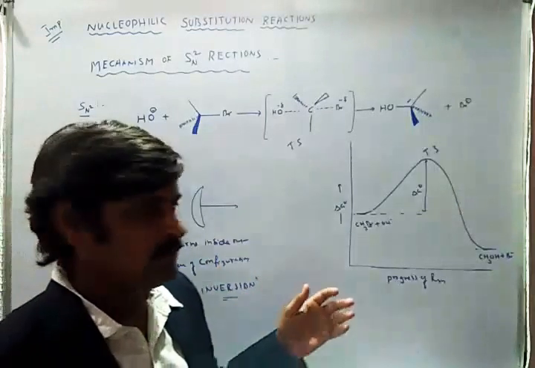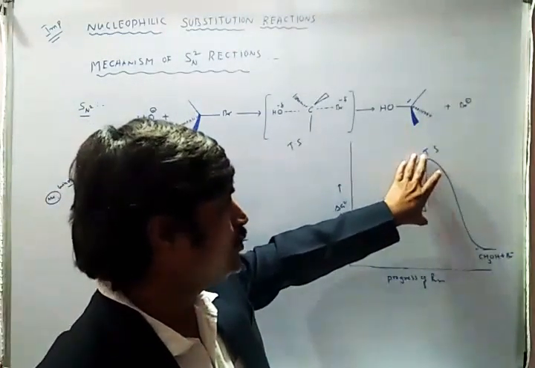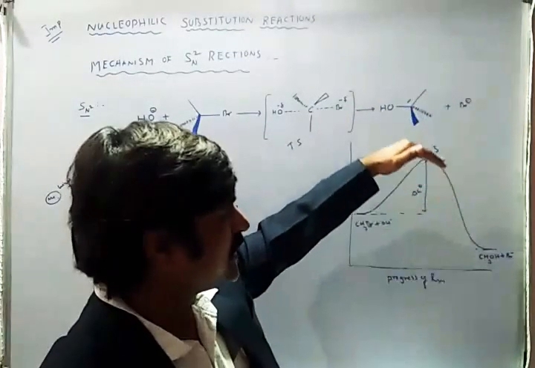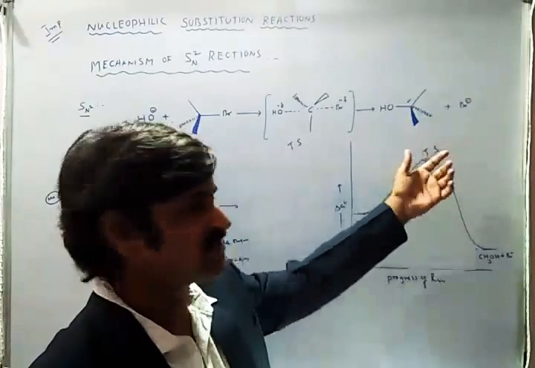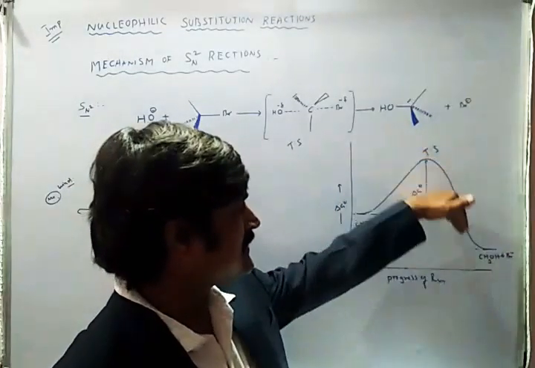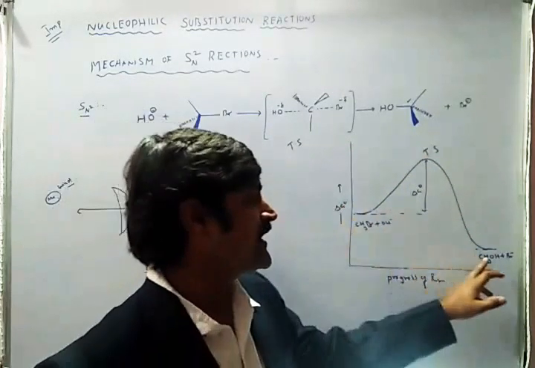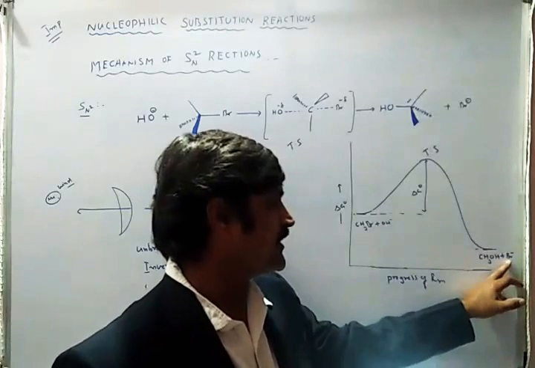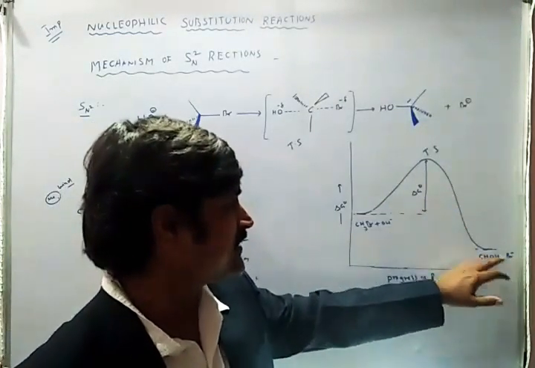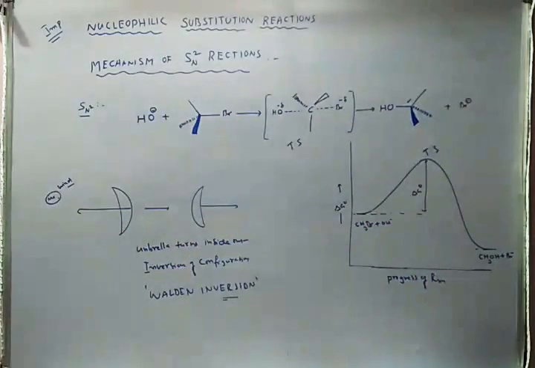A highly unstable condition is called the transition state. As the peak increases, the instability of that situation increases. Once the barrier is crossed, depending on the rate constant value, we will get the final products methyl alcohol and bromide ion. So bromide is the leaving group in this case. So this is the energy profile diagram of the SN2 reaction mechanism.